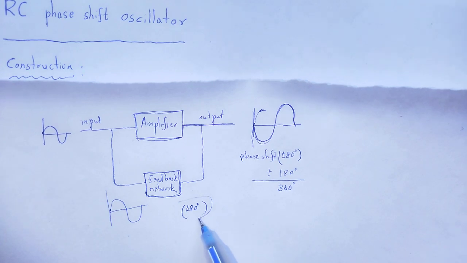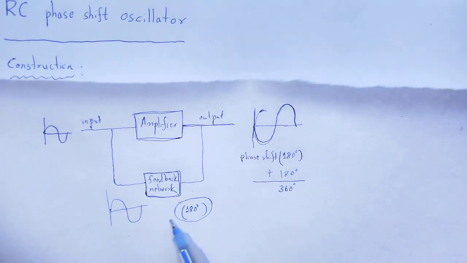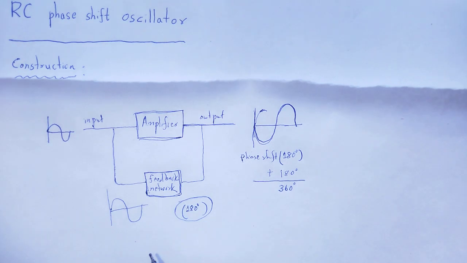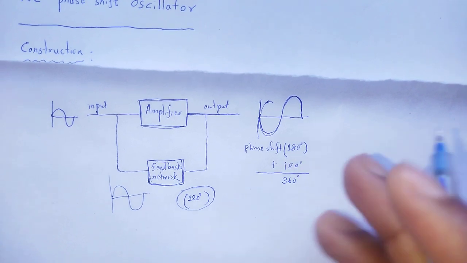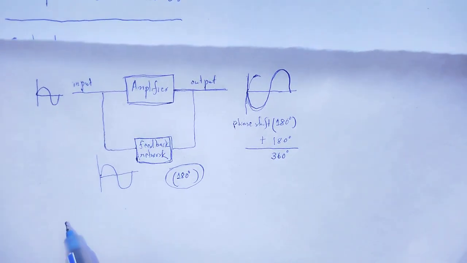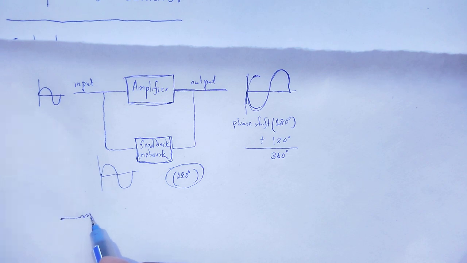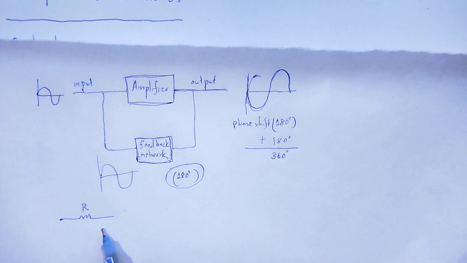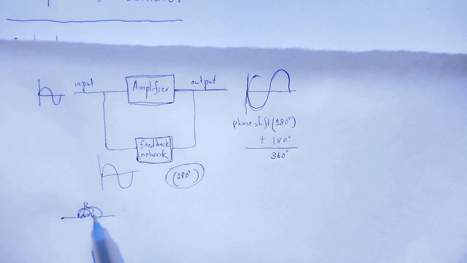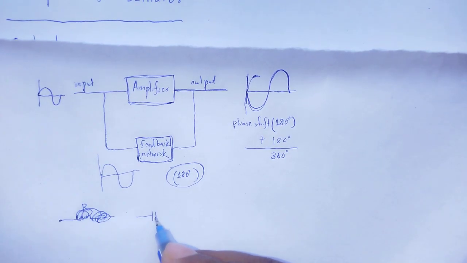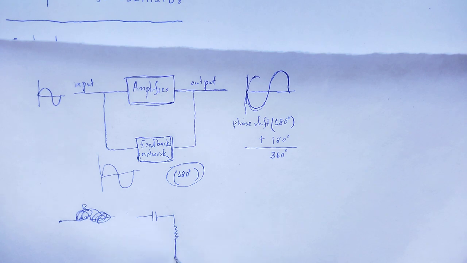Now, the 180° phase shift we can achieve by using the feedback network. That feedback network consists of resistor-capacitor networks. For one resistor-capacitor network, we take one resistor, one capacitor, and another resistor.